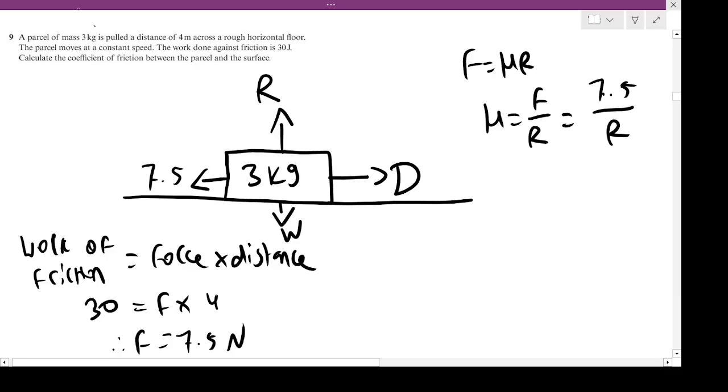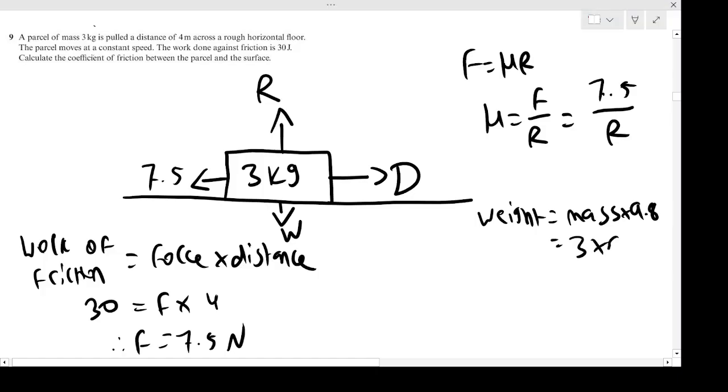Firstly, we know that the weight, W, is mass times g, and we take g to be 9.8. We know the mass is 3, so times that by 9.8. Therefore W, the weight, is going to be 29.4 newtons. So we know that force.